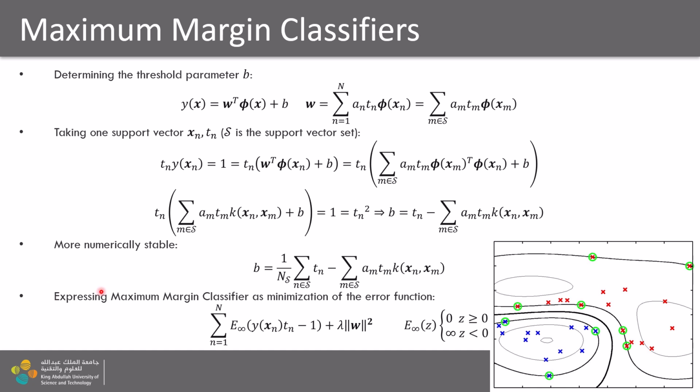Please note that we can also express the maximum margin classifier, like the support vector machine, as a minimization of the following error function. So here is a relationship to error functions which we were dealing with before, and here the error function is the E infinity of the argument, which is the numerator of the distance, which was y(x) Tn minus 1.